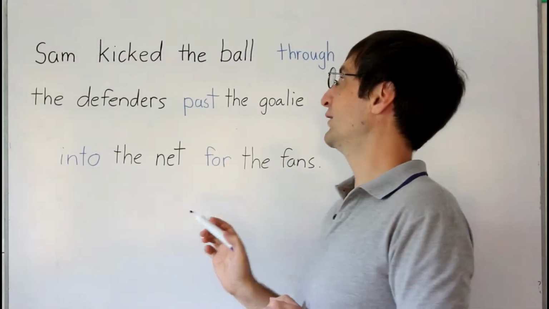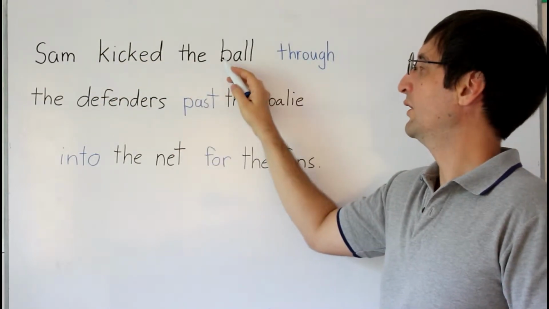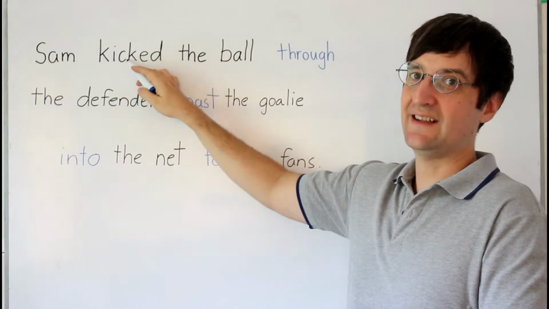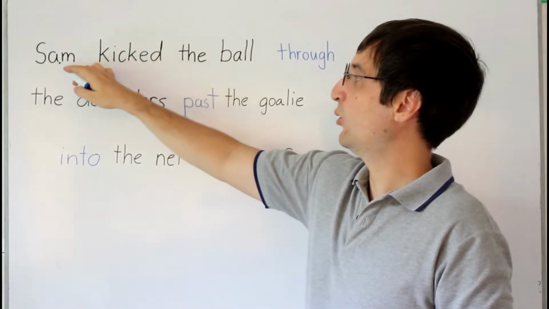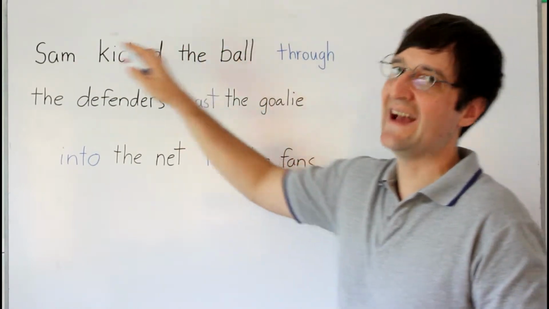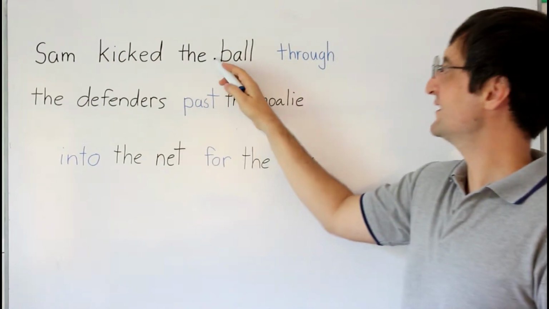All right, so once again, the nouns Sam and the ball are sticking to the sentence through the verb kicked. Kicked is a transitive verb, so it can hold the subject and the object, these two nouns, in the sentence.